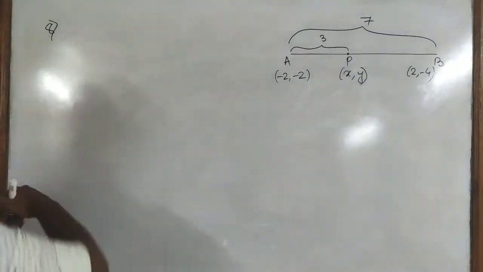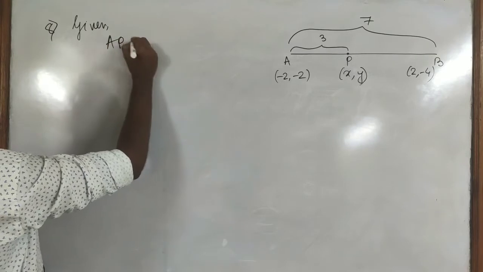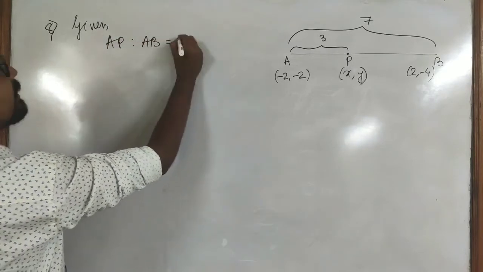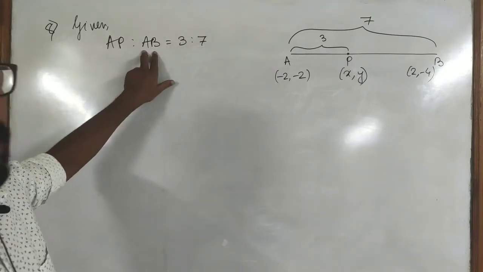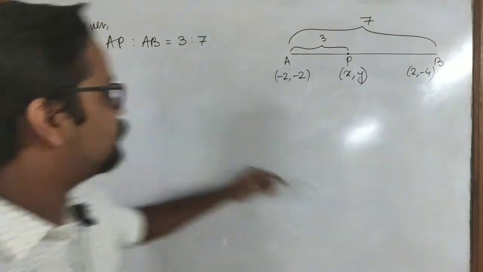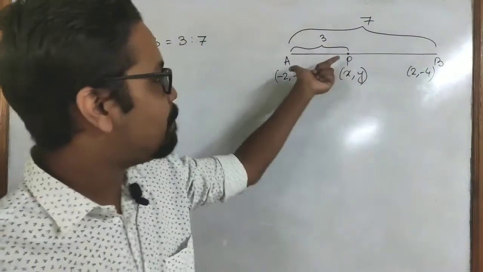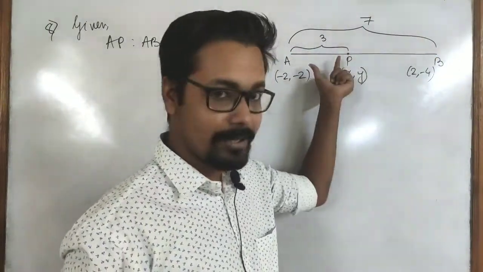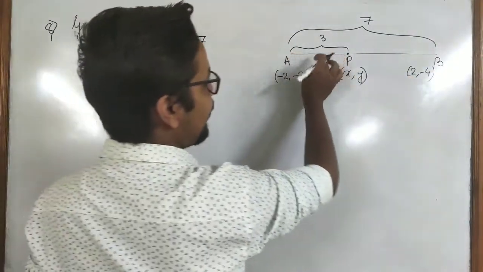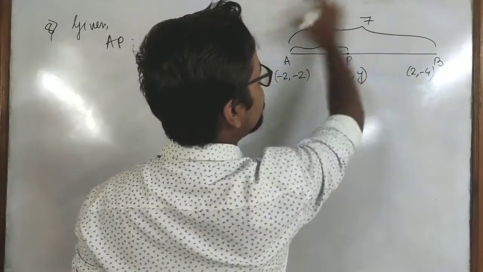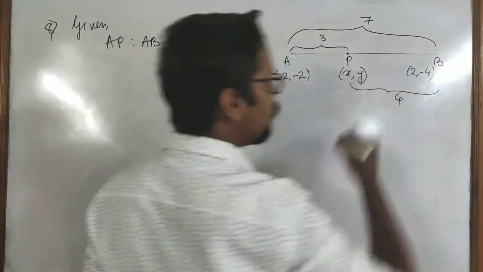Now let us write what is given. It is given that AP is to AB is 3:7. That means AB, which is the full part, is actually 7, and AP is only 3 out of the 7. So if AP is 3 out of the 7, that means PB is how much? If this is 3 and this whole sums up to be 7, then this PB will be 4.